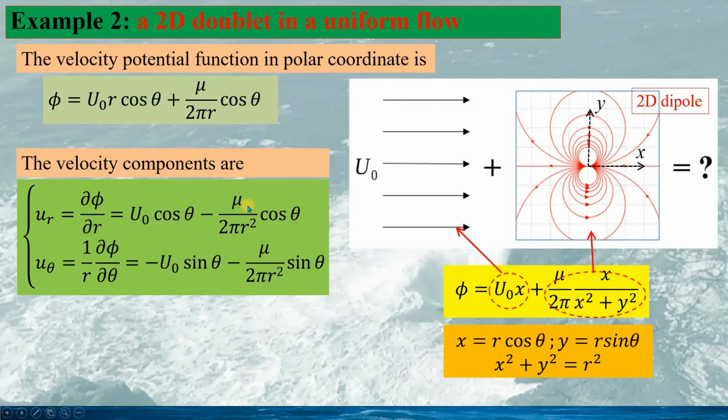The velocity components can be easily calculated: U_r is the partial differentiation of phi with regard to r, calculated as this, and U theta given as this. Here again, U_r is the radial velocity component, and U theta is the tangential velocity component.